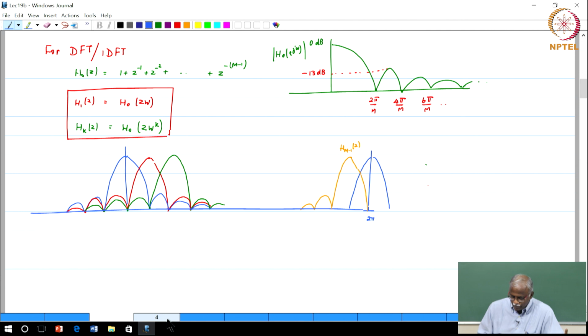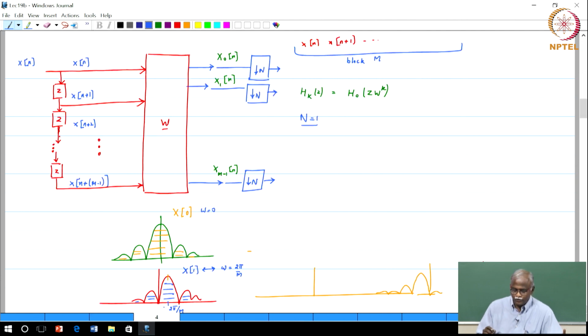Okay, so we went so far as to say that the basic structure of the DFT that we compute: you take a stream in the form of x of n plus 1, you take a block of size m, and then you compute its DFT, and that block can be generated by passing the input signal through a series of advance operators.